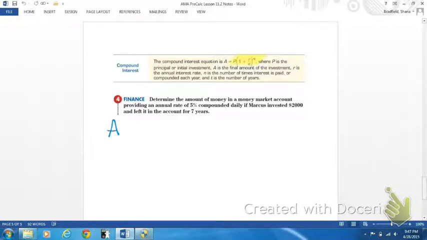So we've got A equals, and that's the final amount that you make, equals P, which is the principal, or the initial investment, times 1 plus r, which is the rate. n is the number of times the interest is paid, and then t is going to be the number of time in years, so t years.